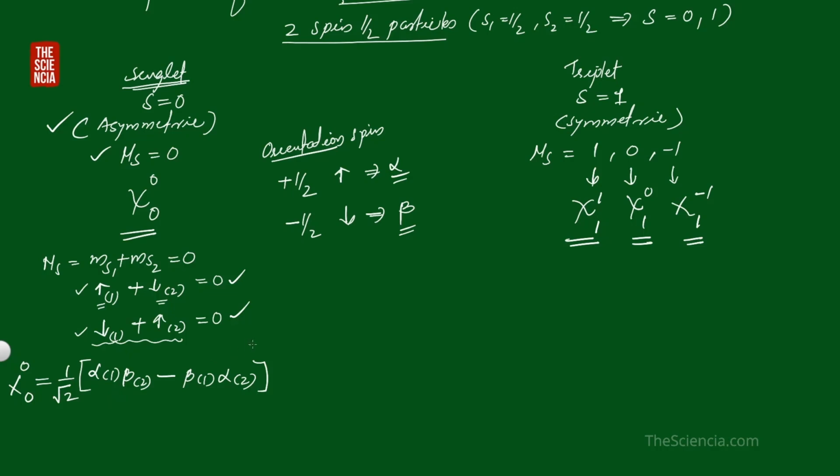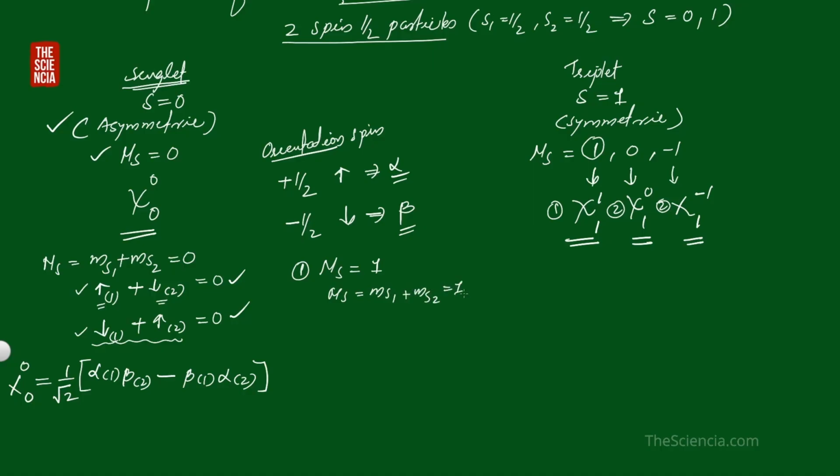Now we have to find out the wave function of the triplet state. That is this one, and this one. Similar to the singlet state. How is it possible? Here I am first taking MS value equal to 1. So first case, MS value is equal to 1. How can I make MS value equal to 1? That is, MS is equal to MS1 plus MS2.